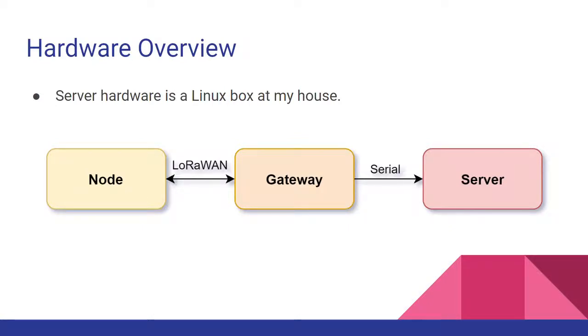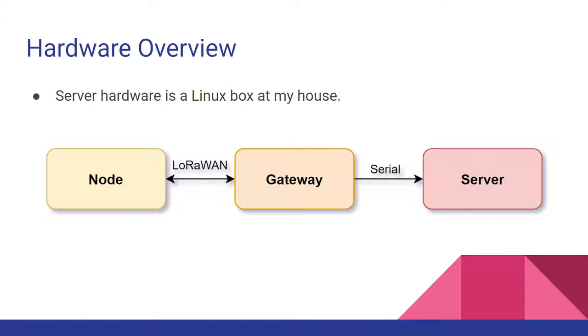Now it can also communicate over Wi-Fi to the server, because I've chosen my gateway to have Wi-Fi capabilities. So you can either have a hard connection to the server, or it can be a Wi-Fi based connection. Now the server in this case is actually my home Linux machine at my house, and I have the gateway directly plugged into that.